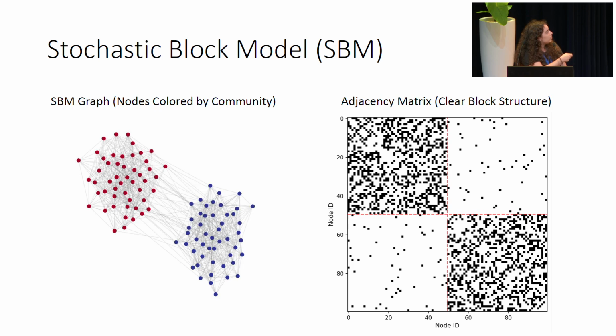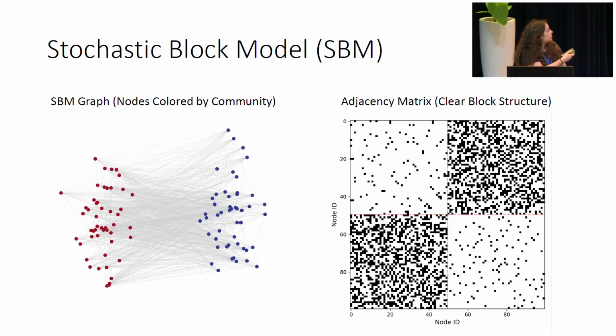They are heavily connected, so this one appears black, whereas the connection to the blue one is sparse, so this part appears white. So we have this block structure. But it could also be the other way around. If you say, OK, I want a heterophilic graph, I want Q to be bigger than P, then the nodes in between communities are heavily connected and sparsely connected within. Then you still get the block structure, but it's the other way around.